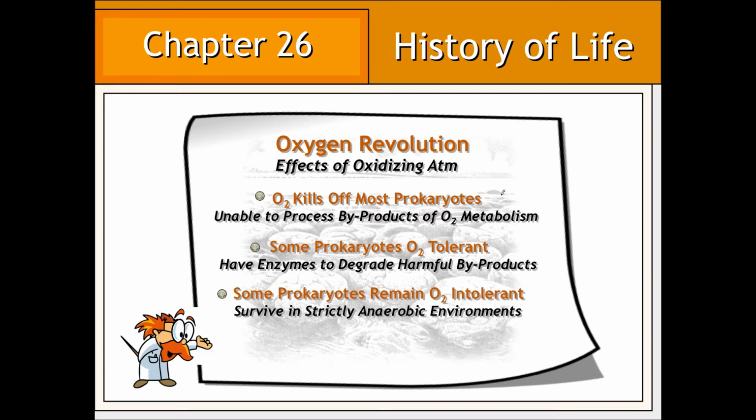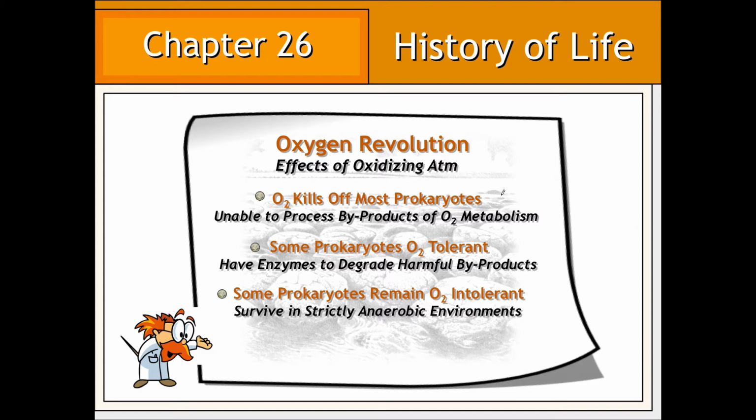The oxygen revolution spelled doom for a lot of prokaryotes living at this point in Earth's history. For the most part, they were unable to process a lot of the byproducts associated with the metabolism of oxygen.